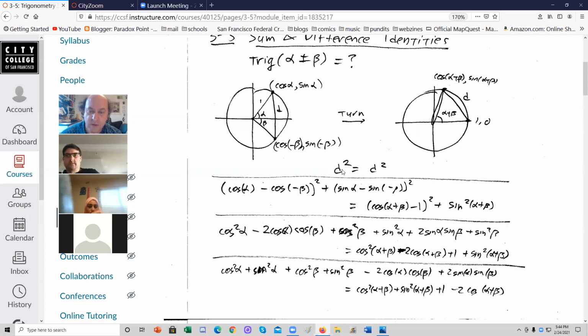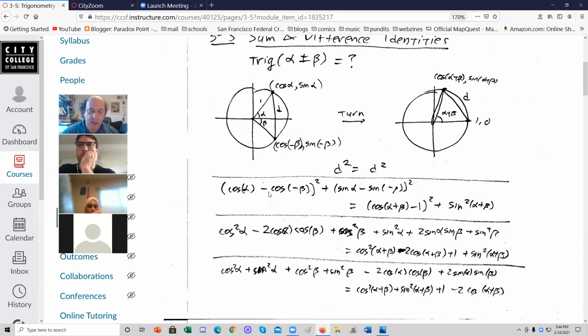On the left side, d squared is the sum of squares of cos alpha minus cos negative beta, plus sine alpha minus sine of negative beta. Here, the same distance squared equals the sum of the squares of cos(alpha plus beta) minus 1, plus sine(alpha plus beta) minus 0.